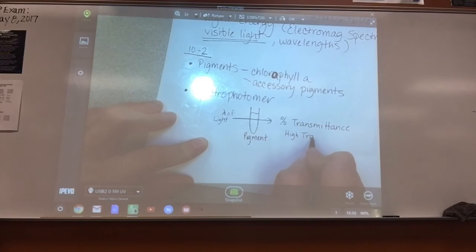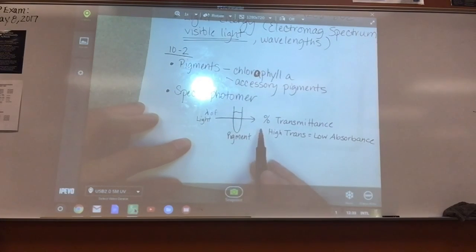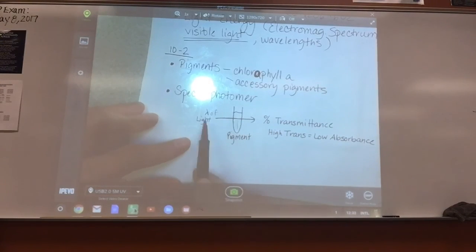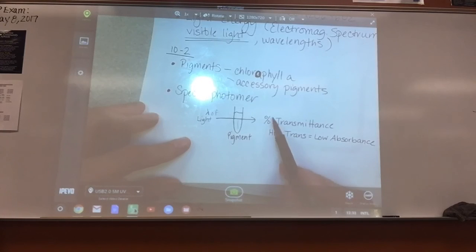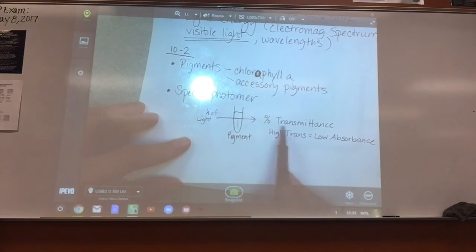Okay? So in studying what wavelengths of light are important for photosynthesis, let's look at the wavelengths chlorophyll uses. What they did is create two graphs. One's called an absorption spectrum. And the second is called an action spectrum.